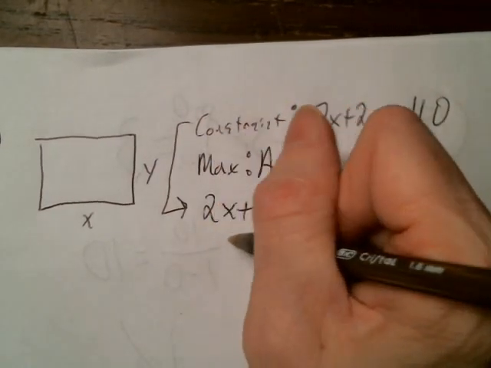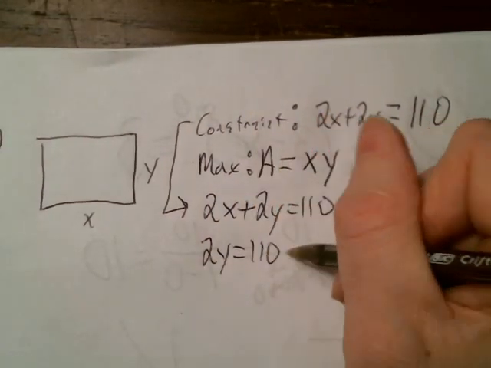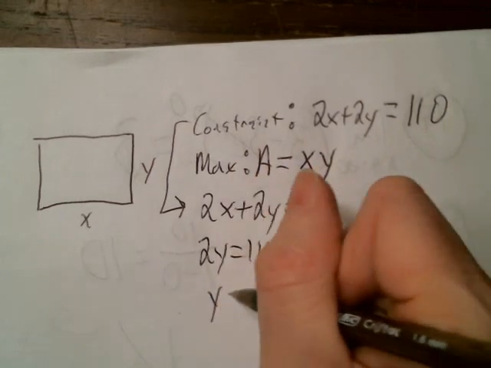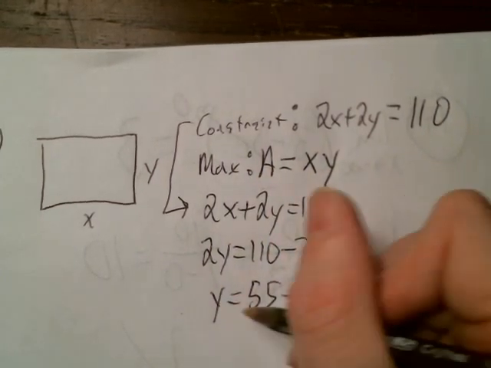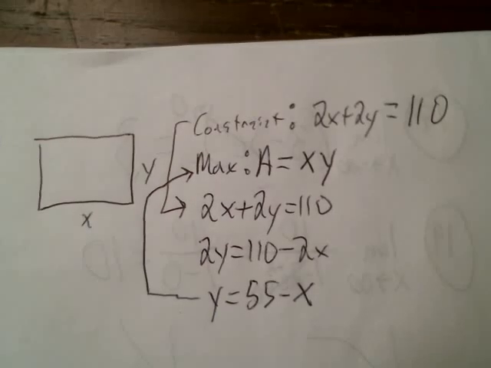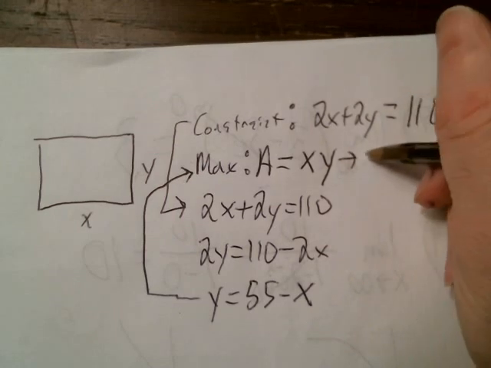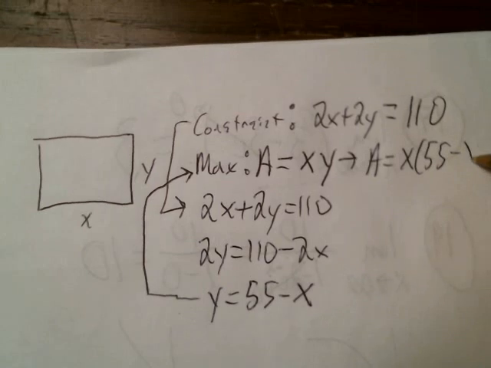So I'll solve the constraint for y, then use this to reduce the variables in the thing I want to maximize. This means A is now equal to x times (55 minus x).